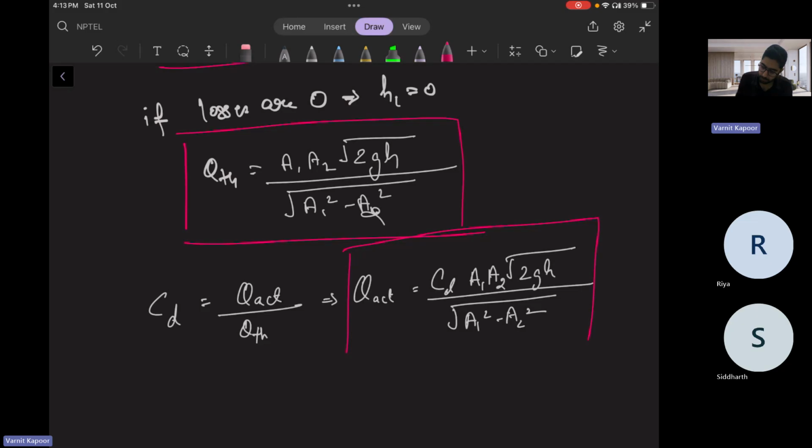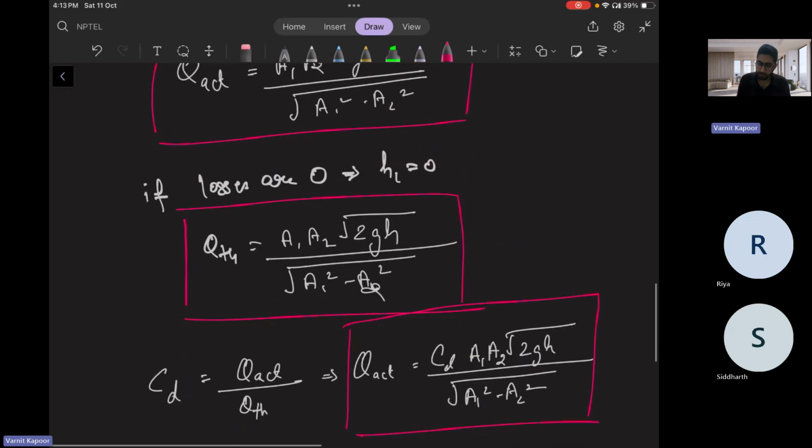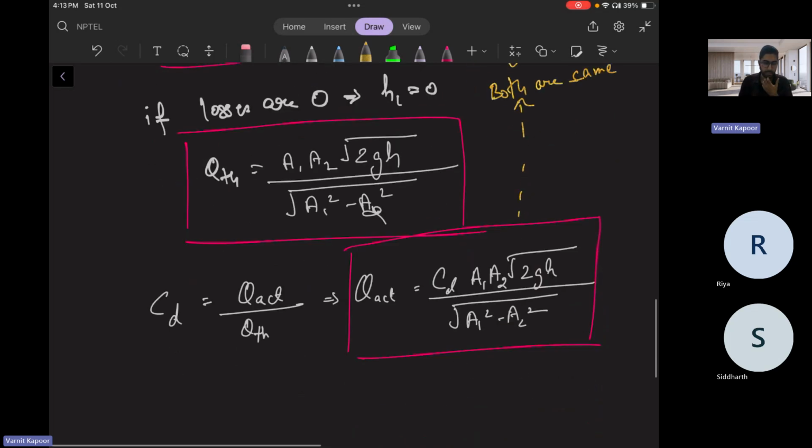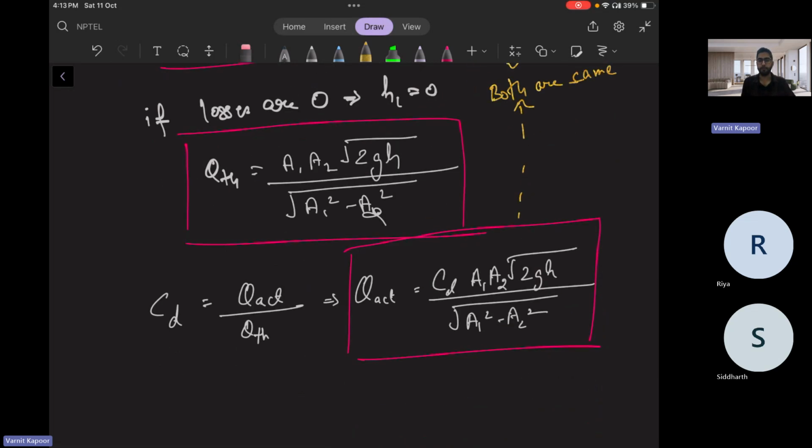So this is also a Q actual. Both are same eventually. These both terms are same. So this is your CD, coefficient of discharge.